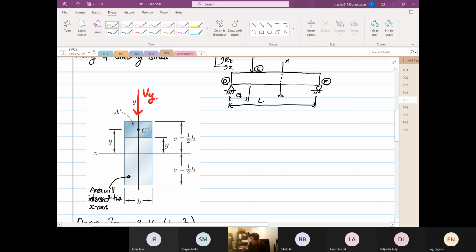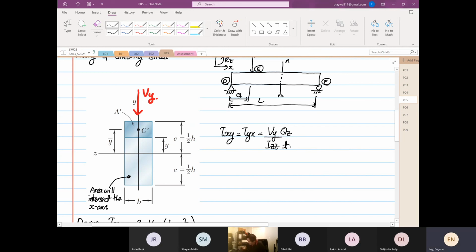So we are going to derive shear xy is equal to shear yx, and this is equal to, now watch this, Vy over Izz, Qz, over T.